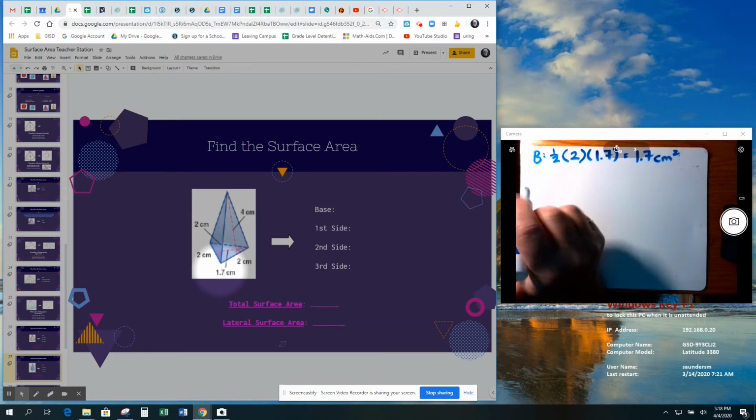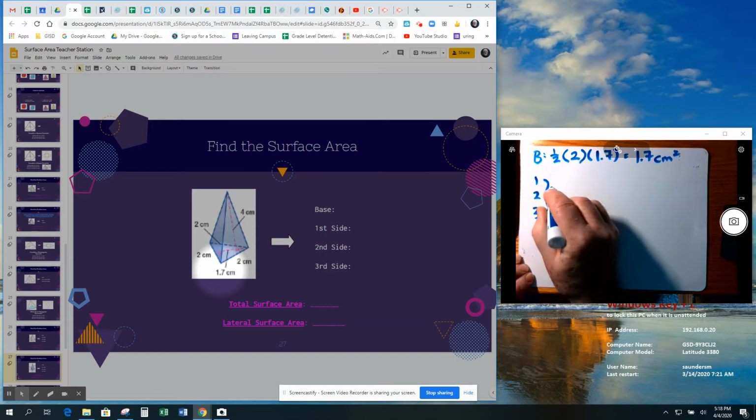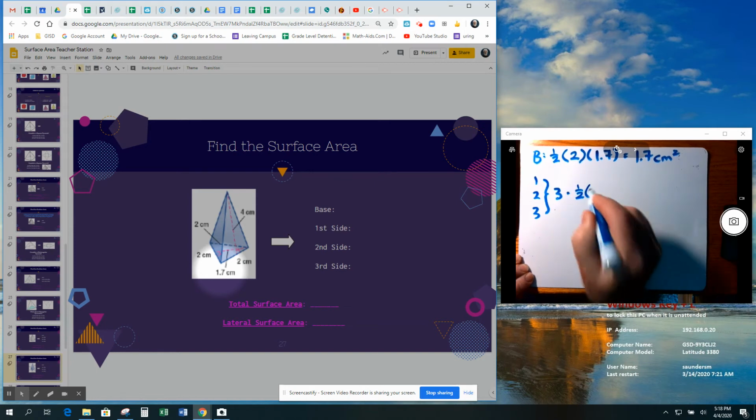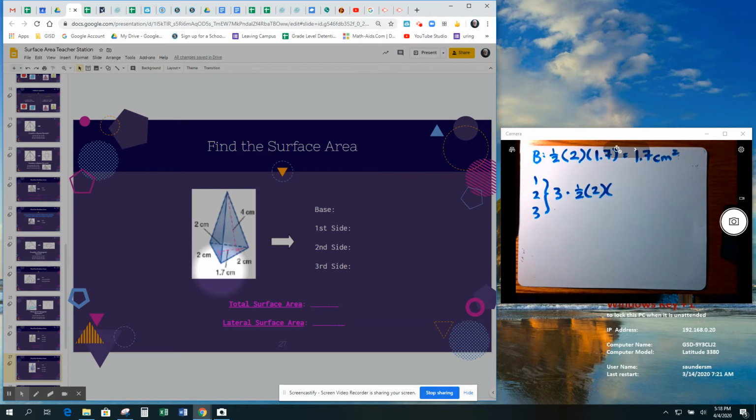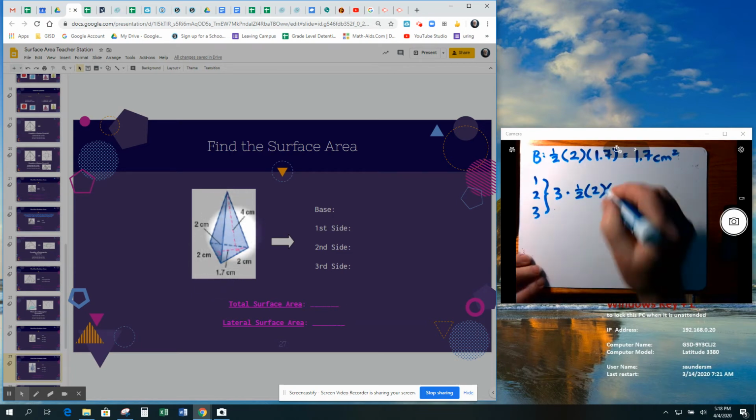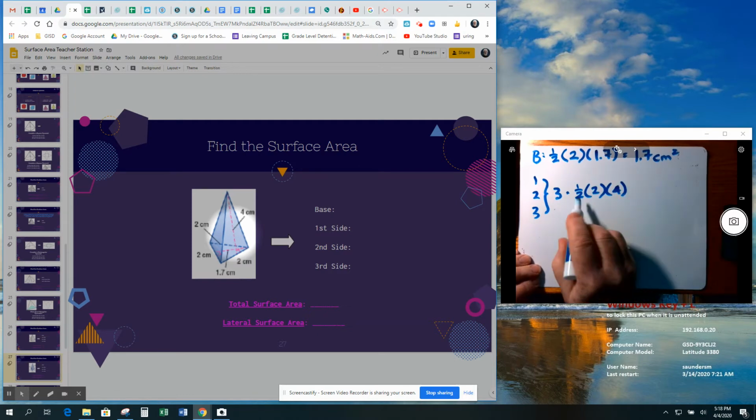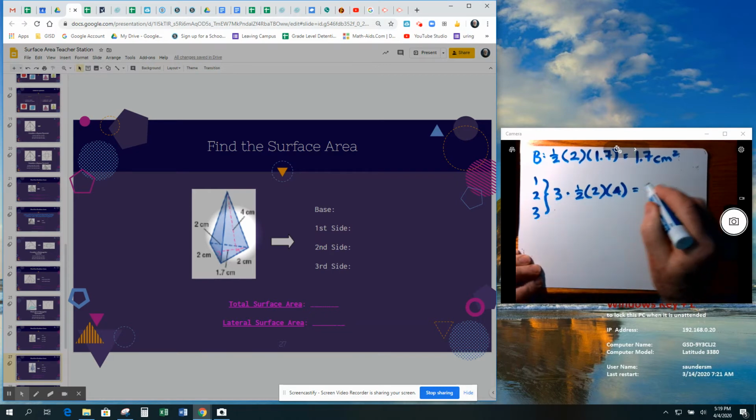And then we have 3 sides that are the same. So 1, 2, and 3 are all going to be the same. I'm going to go 3 times 1/2, and the base is all 2, and the slant height is 4. So 1/2 times 2 is 1, 1 times 4 is 4, and 4 times 3 is 12 centimeters squared.